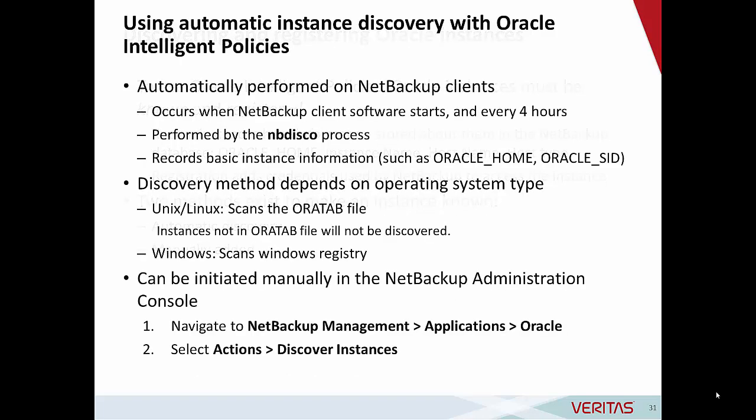To use Oracle Intelligent Policies, the Oracle instances must be known and registered with the master server. Known instances have information stored about them in the NetBackup database, and registration adds credentials used by NetBackup to access the instance. Now, the two methods that are used to make an instance known are automatic discovery or manually added.